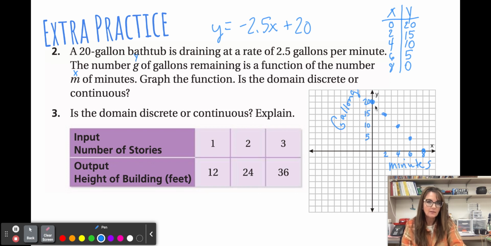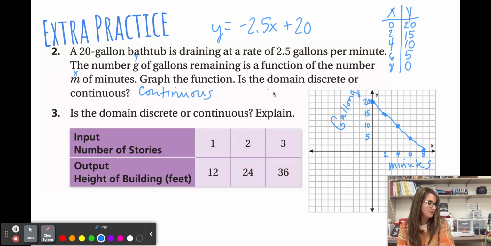Yeah, you could do that. So that would be a reason to use a straight edge and connect those dots, because we would graph the function and we would say it is continuous. And again, because of time, because our independent variable was time.